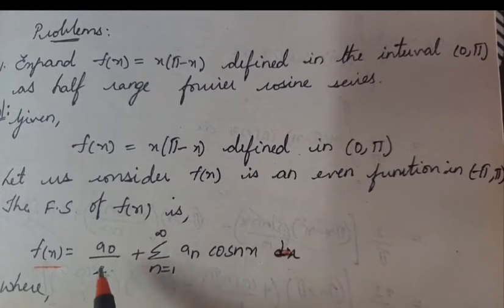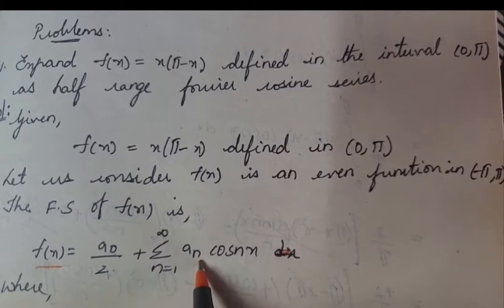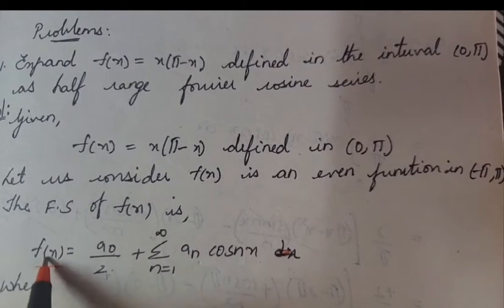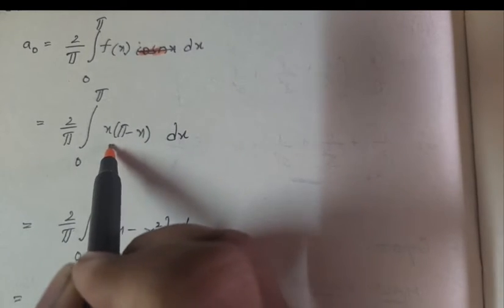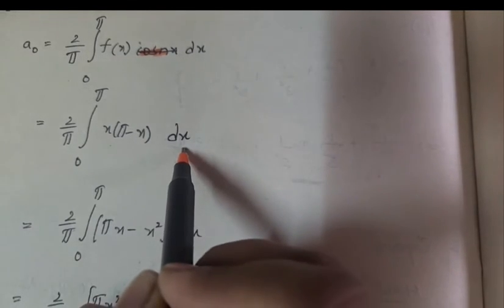Now we are going to find the values of a0 and an and substitute in the f of x equation. Now look at a0. a0 is 2 by pi integral 0 to pi f of x dx. So this is 2 by pi integral 0 to pi, our f of x value is x into pi minus x dx.